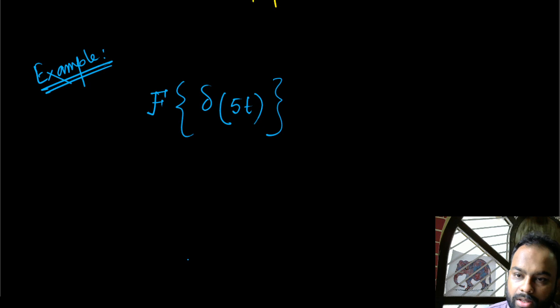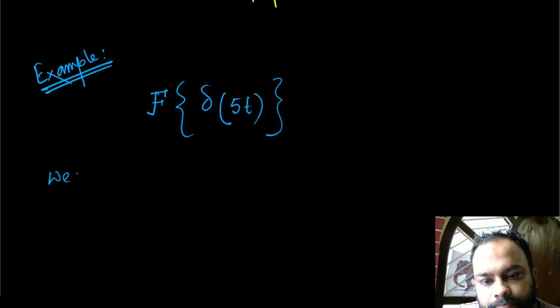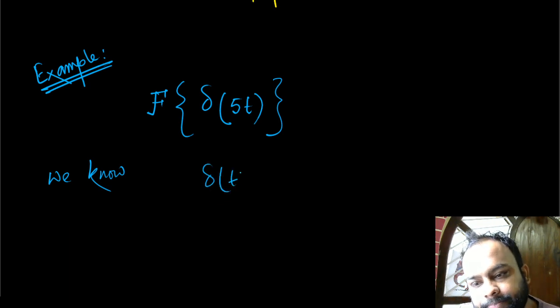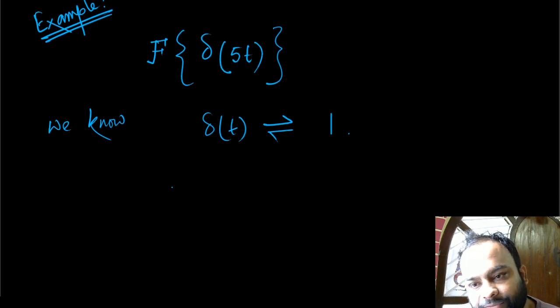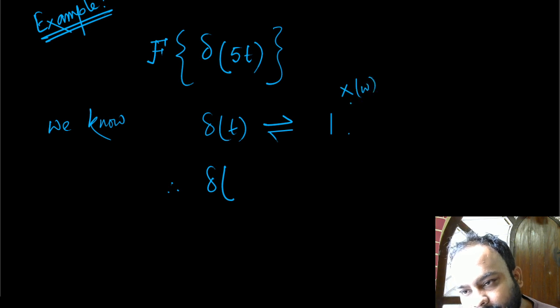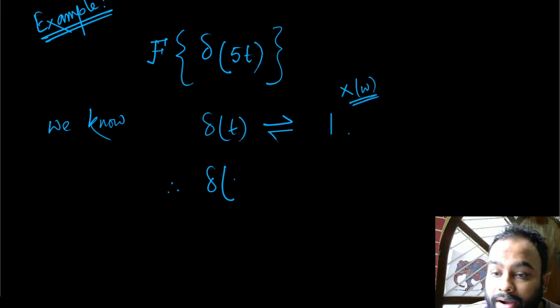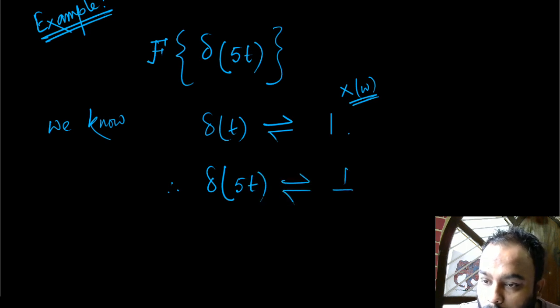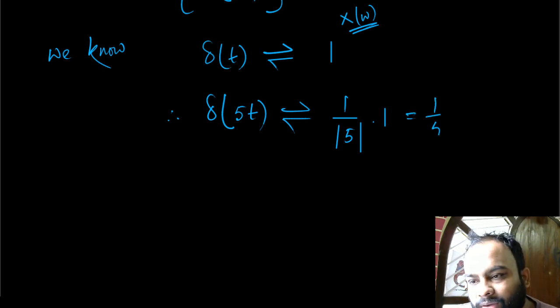Okay. So of course we know that the Fourier transform of delta t was 1. Then the Fourier transform of delta 5t would be 1 by mod 5 times X of omega by a, but this is a constant that remains like that. So the answer is simply 1 by 5.